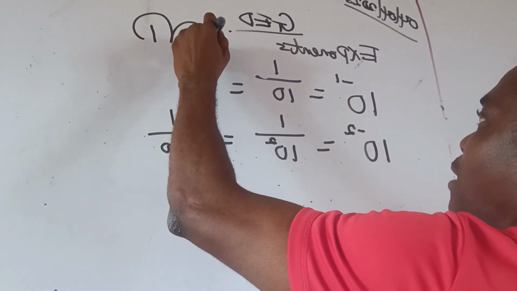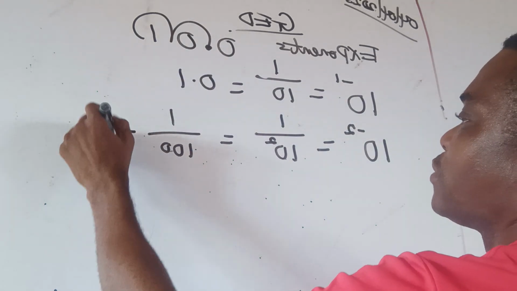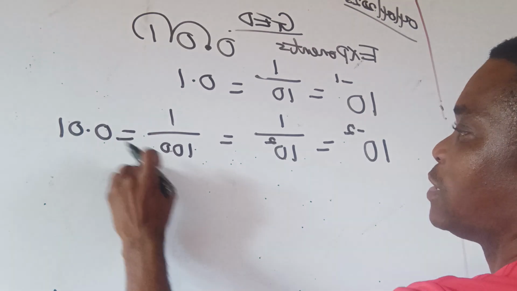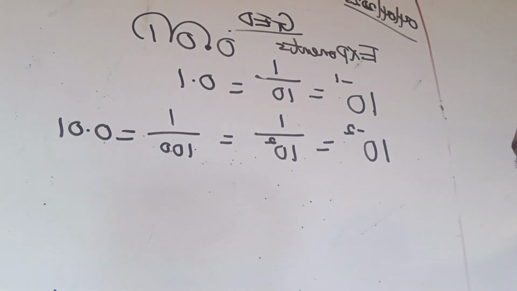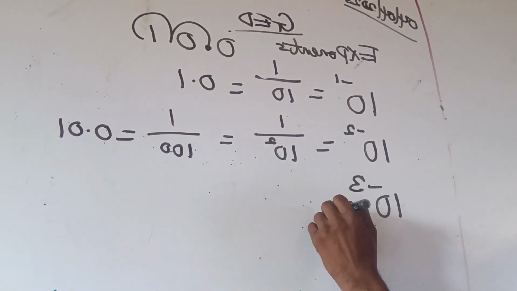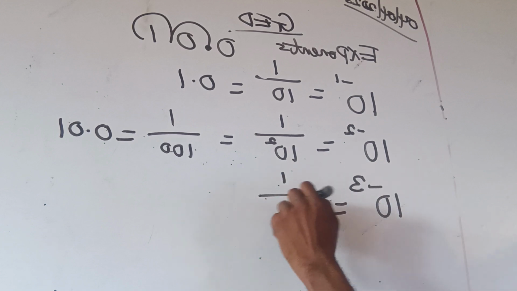Put 0 here, put 0 here, so you are going to have 0.01. 1 divided by 100 is 0.01. So that is how they arrive at it. 10 raised to the power minus 3 is still the same as 1 over 10 to the power of 3, which is 1000, right?